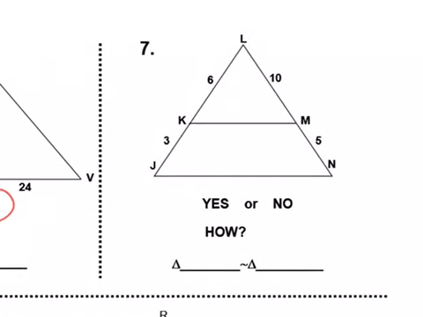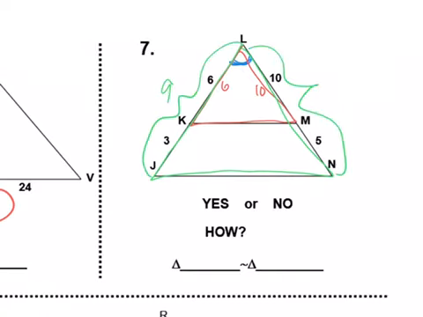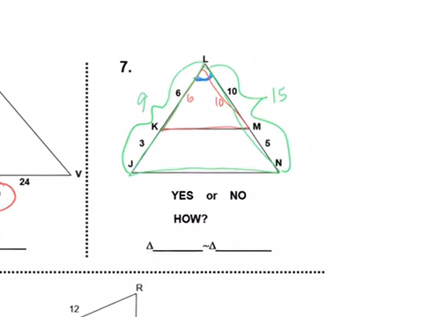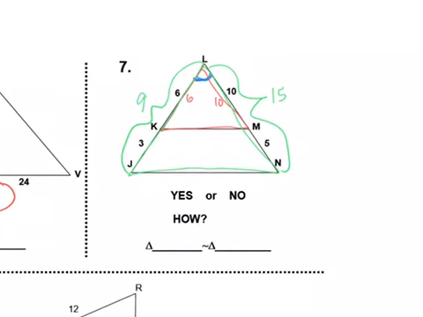Now this one, if I'm looking at this triangle, again, I can see they share an angle at the top. And then I have a smaller triangle with sides of 6 and 10. And the bigger triangle with sides of 9, because 6 plus 3 is 9, and 15. So I have an angle, but I only have 1, so now I need to go for side, angle, side.